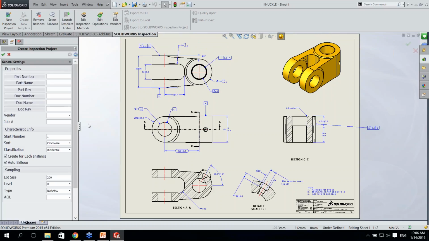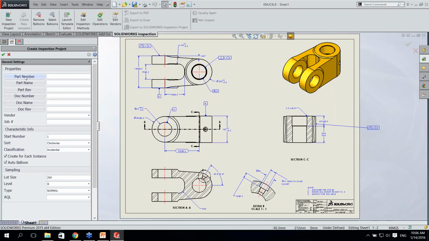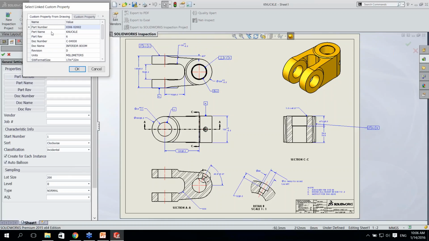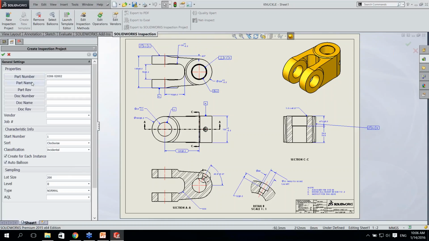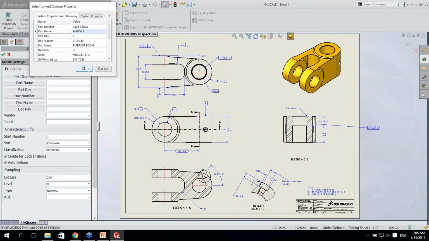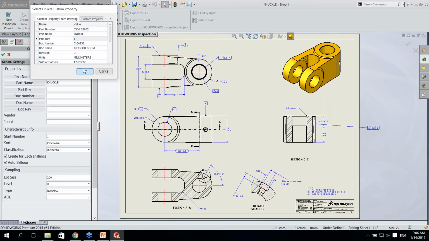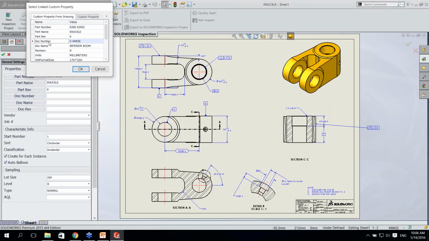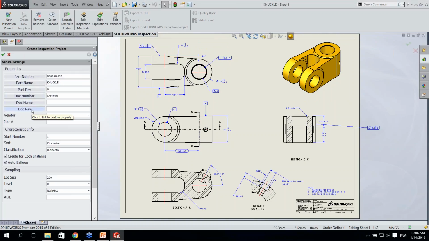In the general settings, I link in my part number, part name, part revision, document number, document name and document revision. You can also key in the vendor, who it is by, the job number, and the balloon numbering, starting from number 1 going clockwise.